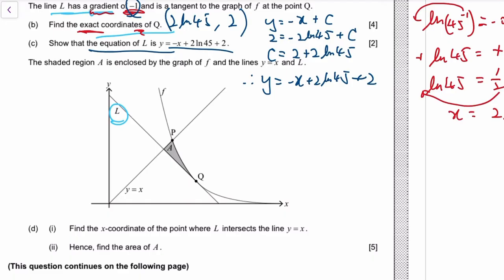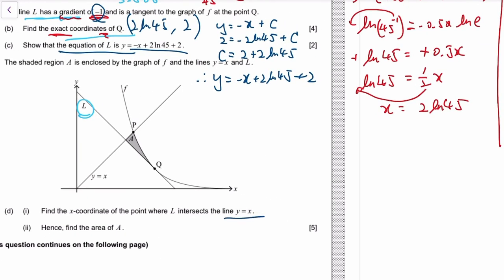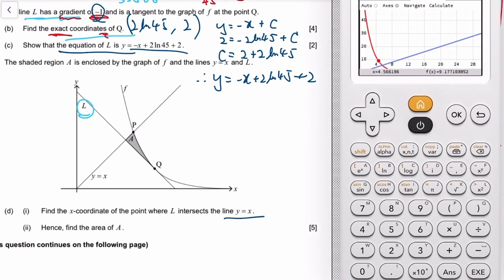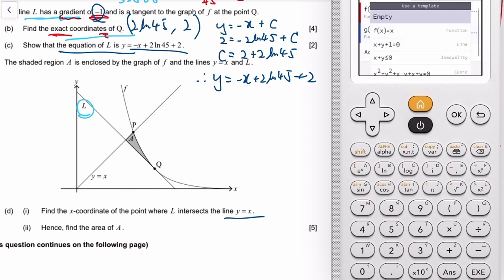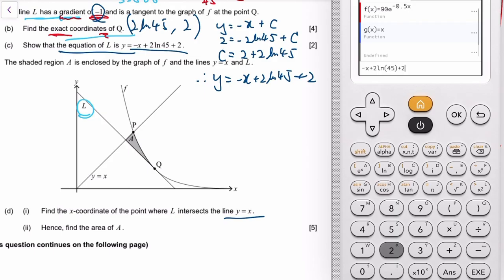Then there's an area enclosed by f, the line y equal to x and L. Find the x coordinate of the point where L intersects y equal to x. Okay, so that will be another GDC work. Looks like I should add the third line, which is negative x plus 2 ln 45 plus 2.